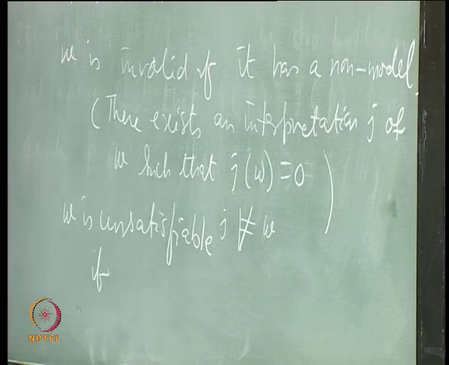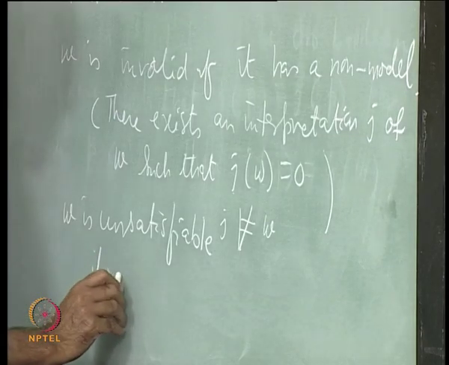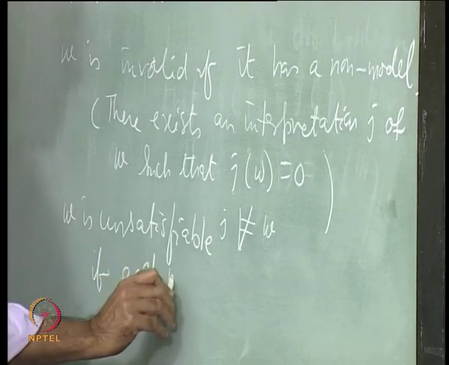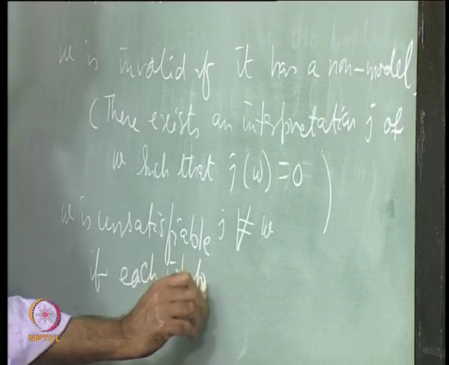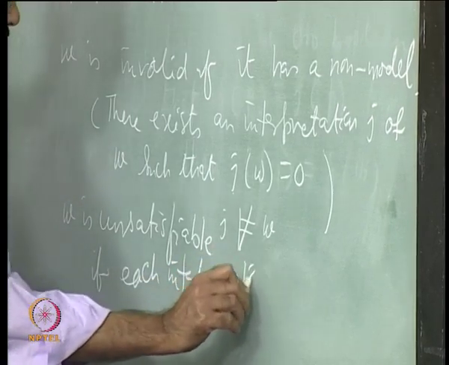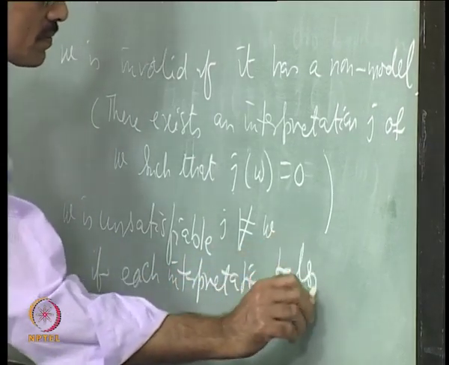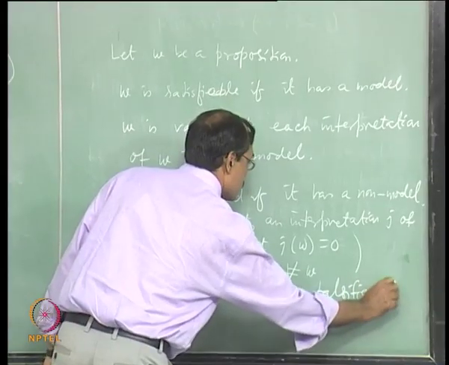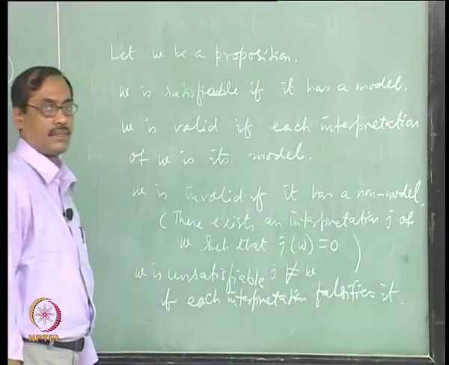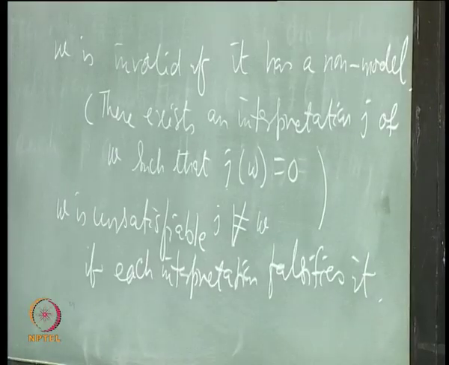It does not have a model means each interpretation falsifies it, right. So, if each interpretation falsifies it, okay.